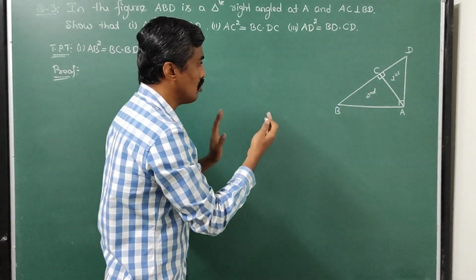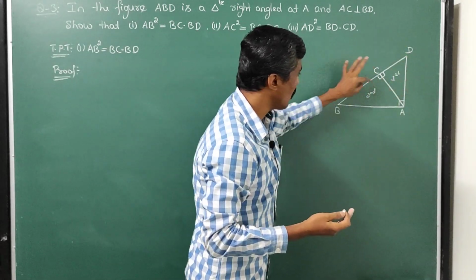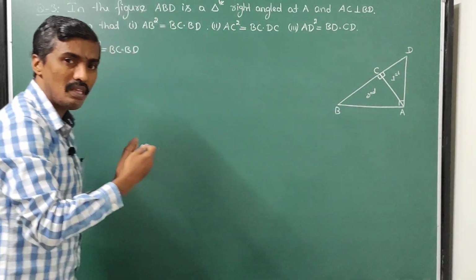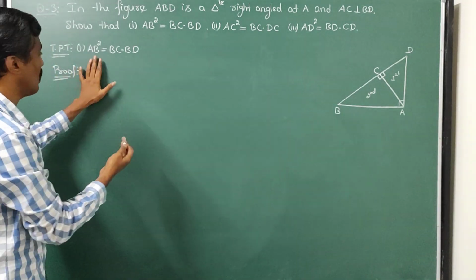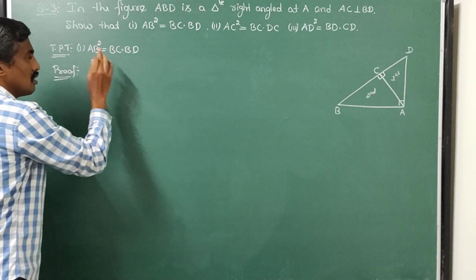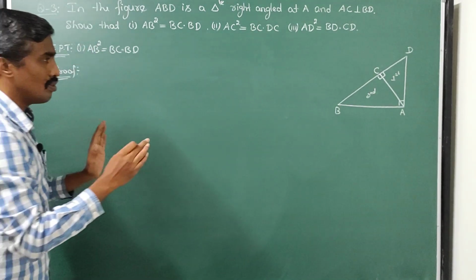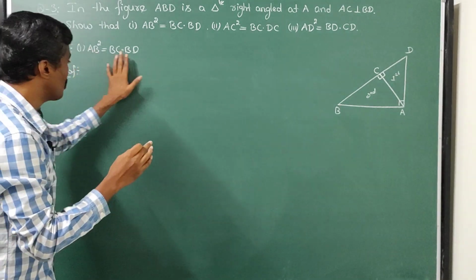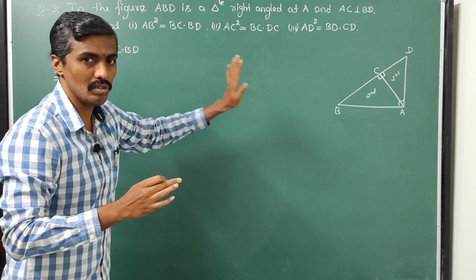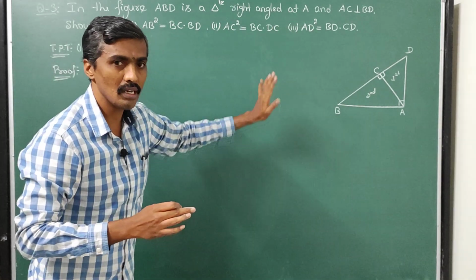That means we have to prove that the original triangle and the second part are similar, and after applying the property of similar triangles, maybe we can get AB square is equal to BC into BD. So before starting the problem, observe this. We now come to know by observation that it belongs to the original triangle as well as the second part.